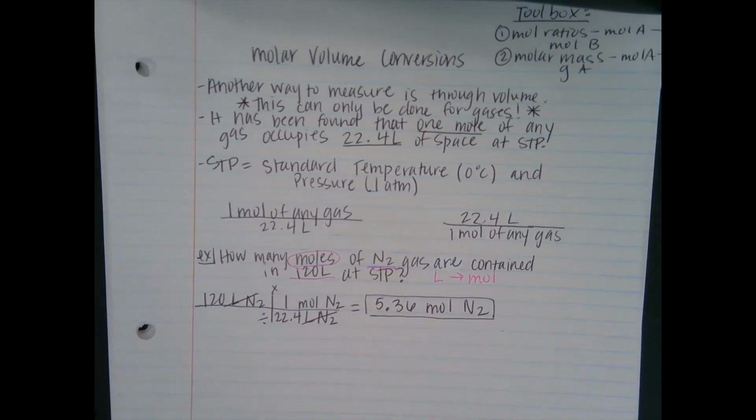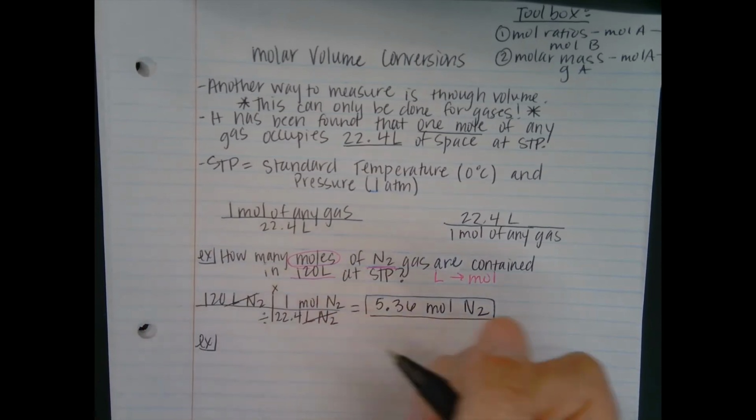So if I had 120 liters of N2, I would have 5.36 moles of gas in that space. Okay, let's do one more. Here we go, one more.